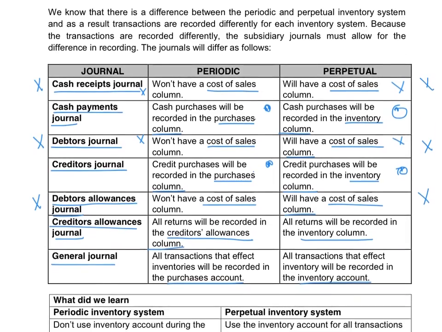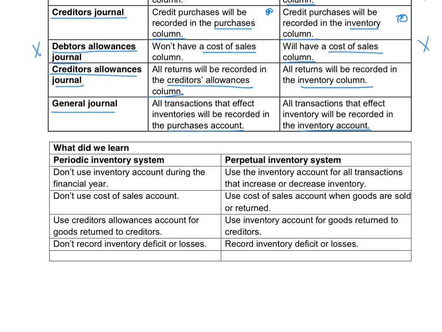So what did we learn today? In the periodic system, you don't use an inventory account. In the perpetual system, you use an inventory account. In the perpetual system, all transactions that increase or decrease inventory, that means anything that has an effect on your inventory in the business, will be recorded in the inventory account. In the periodic system, you don't use an inventory account at all during the financial year.